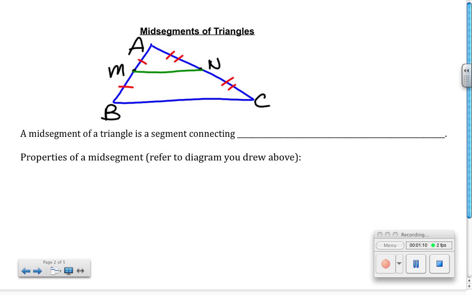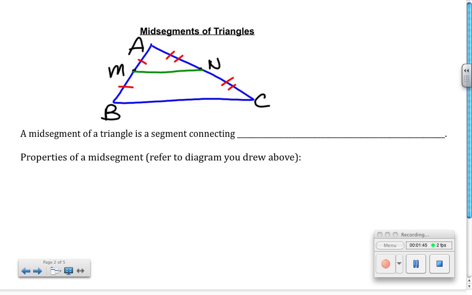So you'll notice that the definition that I'm giving to you starts with the phrase, a mid-segment of a triangle is a segment connecting, well, what do you think it's connecting? Let me backtrack. Do we see that segment MN is connecting the points M and N? All right, now here's my question.